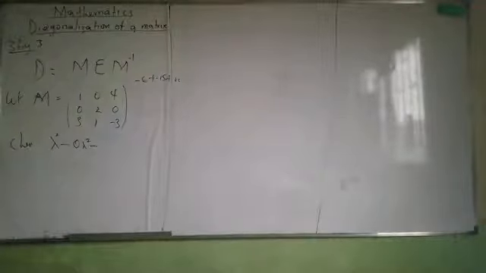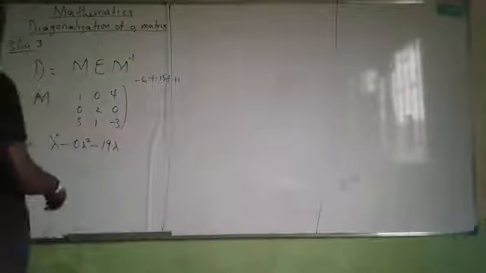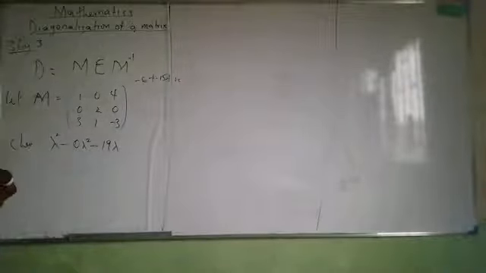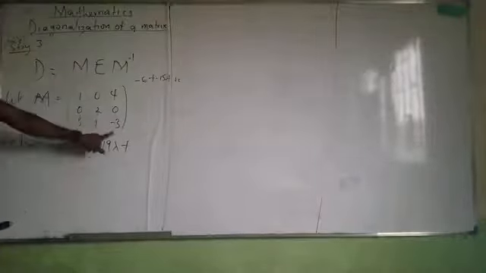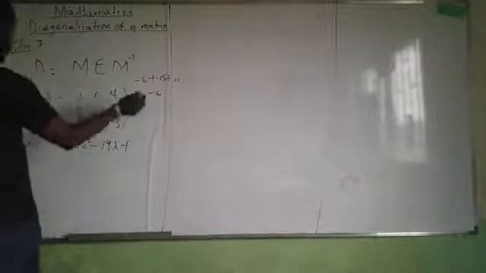Now this will be 21, which will be 19. I'll be having 19 lambda, and the last part of it is the determinant. How do I get the determinant? This times this, it will be minus 6. This and this will be 0 anyway.